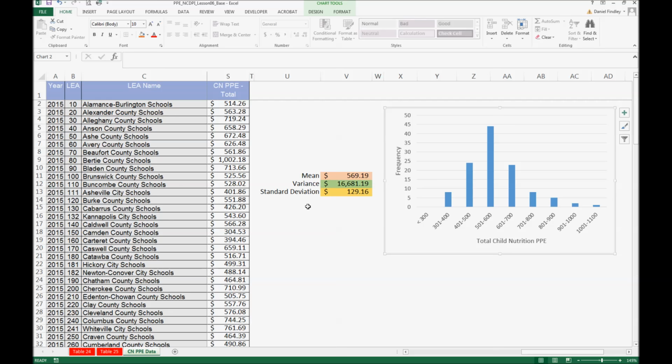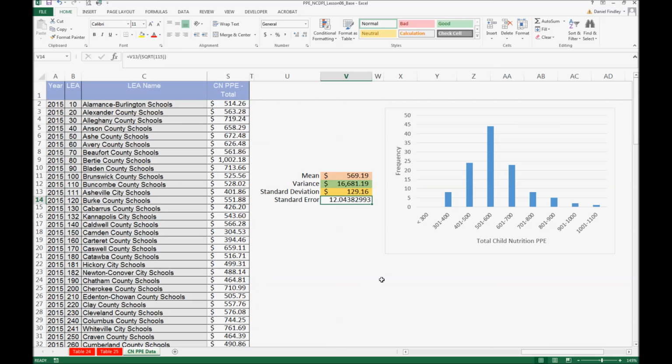The standard error has a similar concept, but it's applied only to the mean. So sometimes also referred to as the standard error of the mean. And we can calculate this in Excel by dividing the standard deviation by the square root of the number of data points, and we have 115 data points.